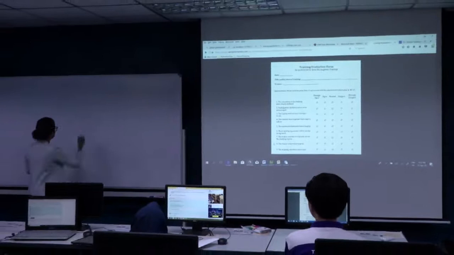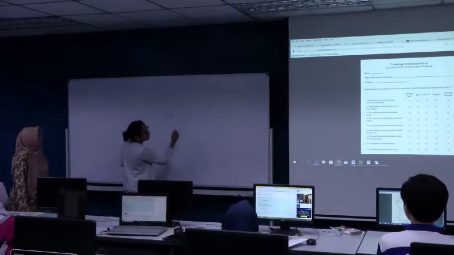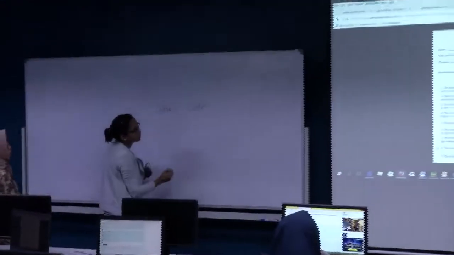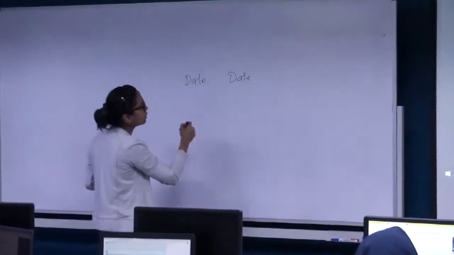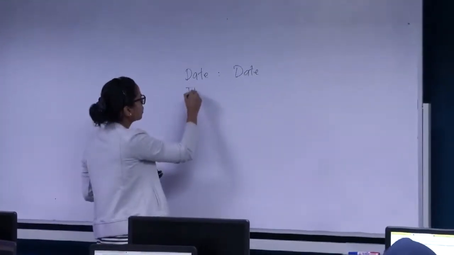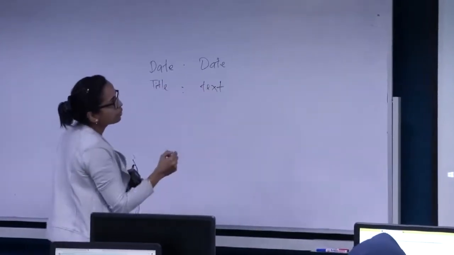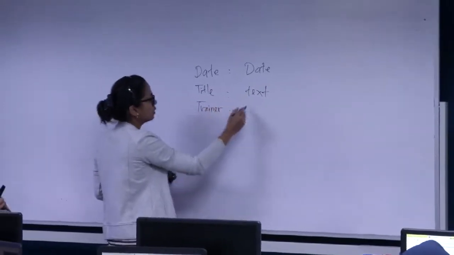So the first one, date, and then we have this one. Title and location of training, okay, text. And then for trainer, also text.